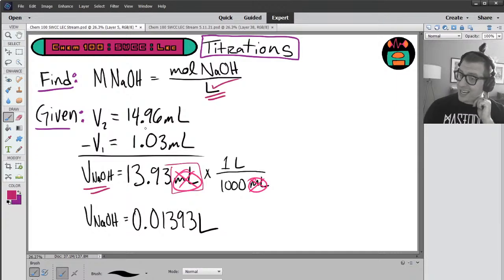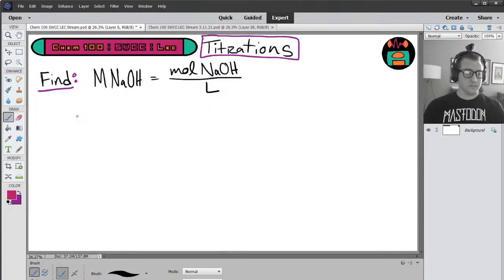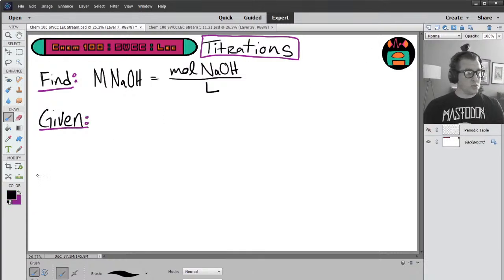The piece of information that we're given is we're told the mass of KHP. So given part 2: we're told that we have 25.0 grams of KHP.